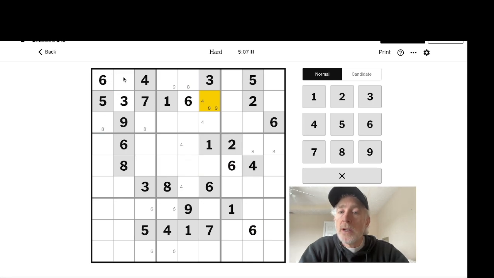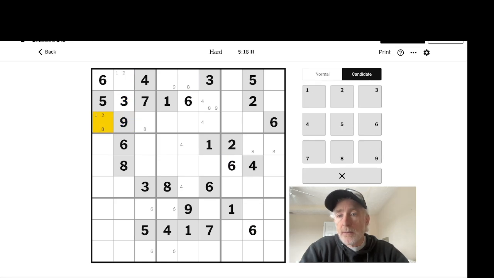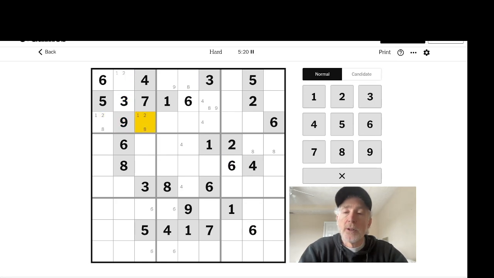We need a 1, 2, and 8. So I'm just going to complete this box here with markings. This can only be a 1, 2, this could be 1, 2, or 8, and this could be 1, 2, or 8. And we're pretty much done with 6s, except for these 6s here that we can't resolve.